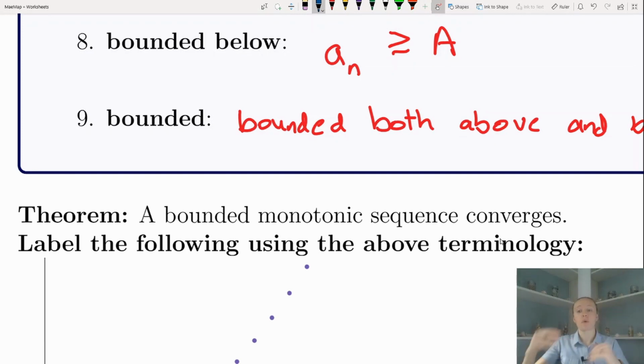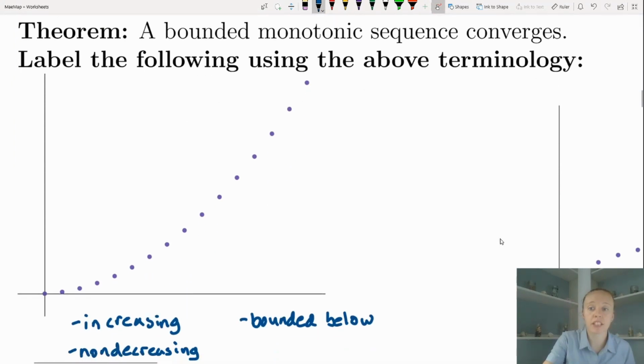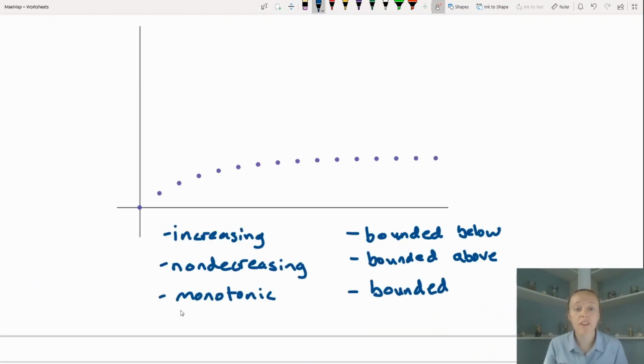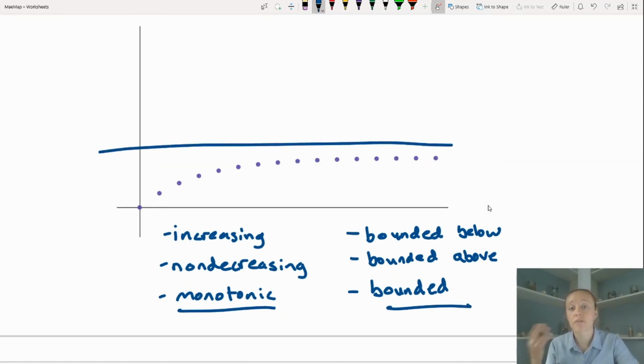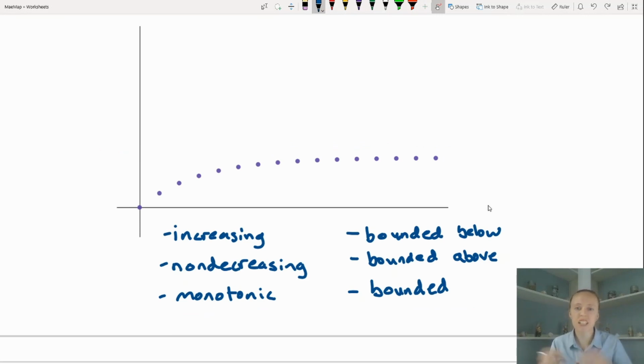If we're bounded both above and below, and if we're moving in one direction, regardless of whether we're increasing or decreasing, we're trapped between those two finite numbers, therefore we are going to converge. And you can see that this is a perfect example. Here we have a monotonic sequence that's bounded. This is converging to some finite number. Let's see if we have another example of a bounded monotonic sequence on this worksheet.